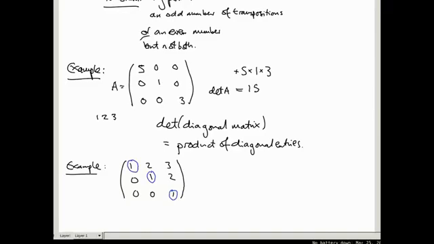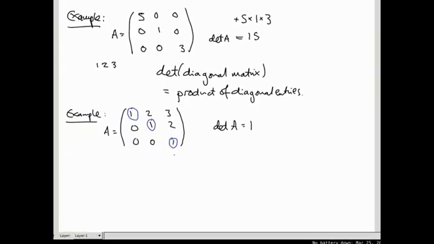So there's only one term in the determinant, which is 1 times 1 times 1, so the determinant is 1. And again, the sign is plus because it corresponds to the permutation 1, 2, 3. And again, this is true for any upper triangular matrix, in other words, where the entries are on or above the diagonal. The determinant is just the product of the diagonal entries.